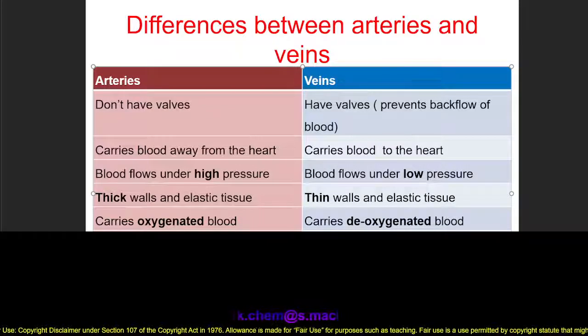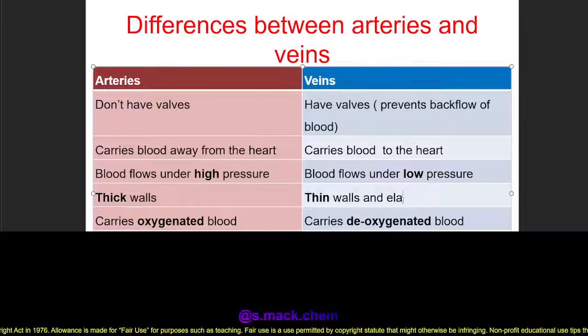Arteries are said to carry oxygenated blood versus veins which carry deoxygenated blood. There is, however, an exception to the rule, which is that arteries carry oxygenated blood and veins carry deoxygenated blood.